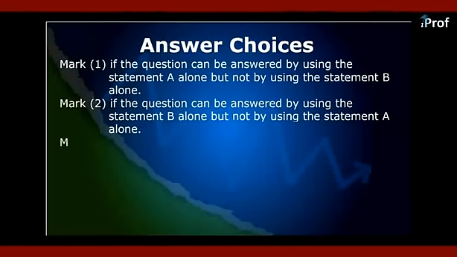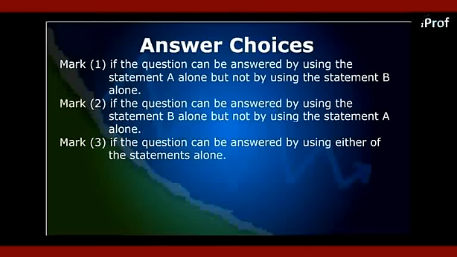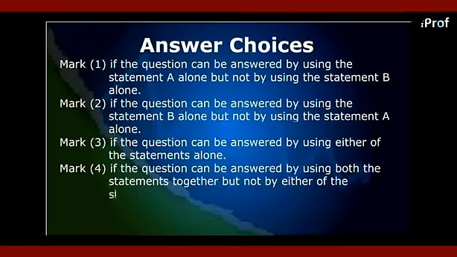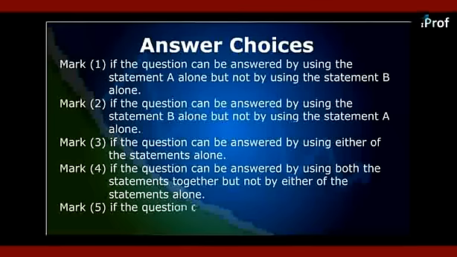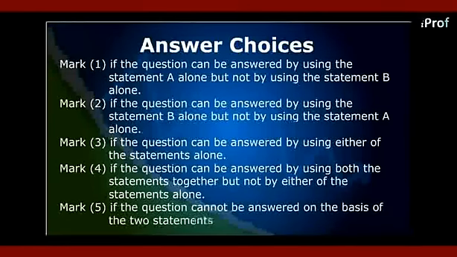Mark 3 if the question can be answered by using either of the statements alone. Mark 4 if the question can be answered by using both the statements together, but not by either of the statements alone. And mark 5 if the question cannot be answered on the basis of the two statements.